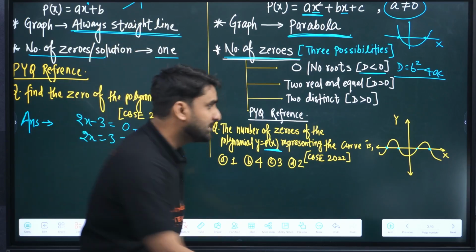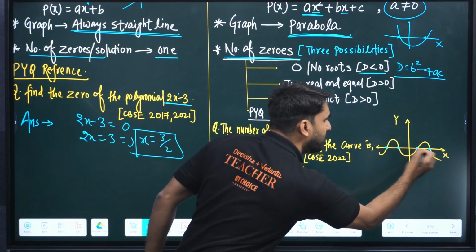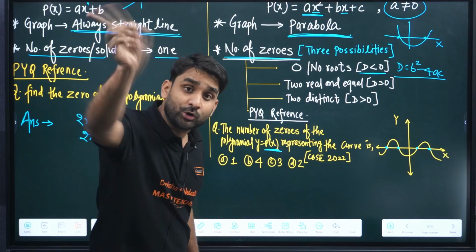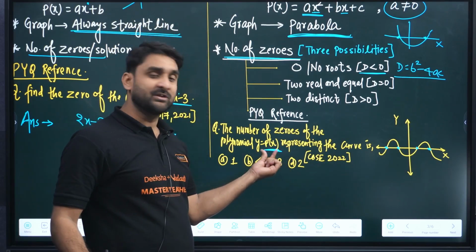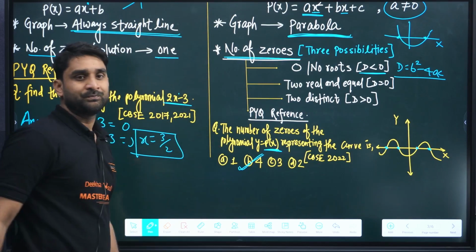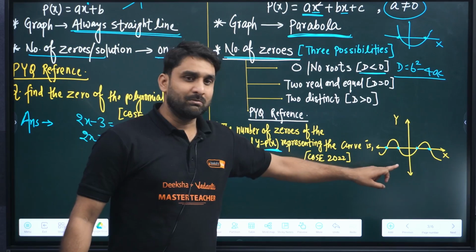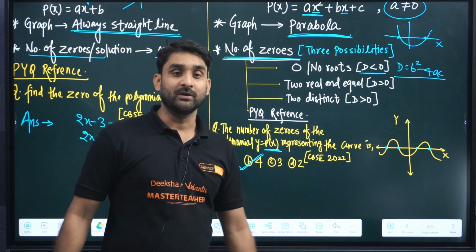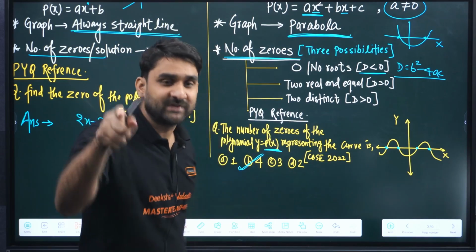Always make sure of the point of intersection. So how many points of intersection? But make sure it is on the x-axis, not the y-axis, because the polynomial is in the form of x. So how many zeros will be there? 4 zeros will be there. You might get this question this year also, on the basis of the graph. So the number of points of intersection will decide the number of zeros.